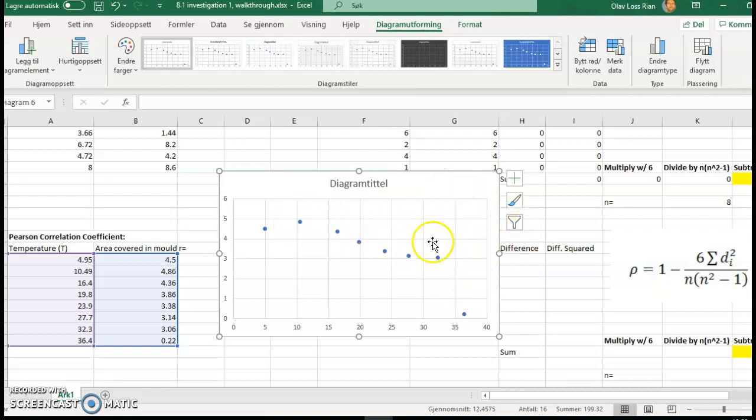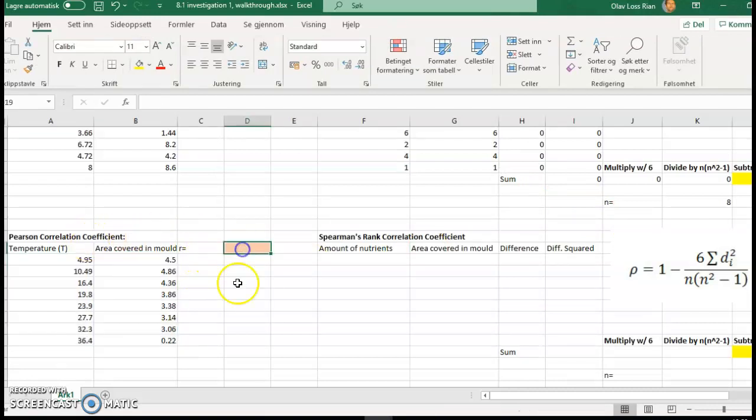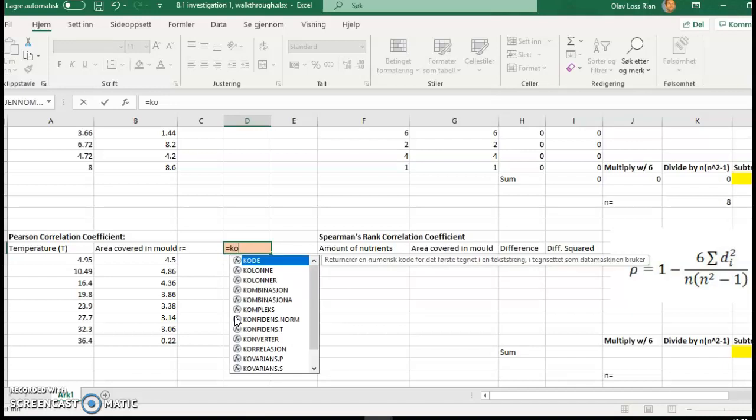the Spearman rank correlation coefficient is not as much affected by outliers as Pearson's. So it's less affected, so you don't really have to make the same adjustments and remove outliers the way you might have to with Pearson. So we'll find Pearson's correlation coefficient first. Same as before, you can write the equal sign, correlation.